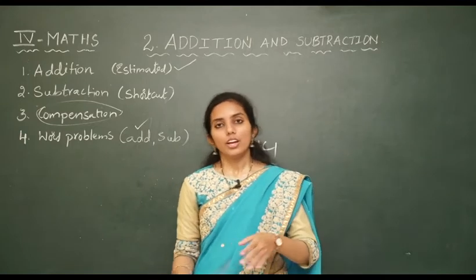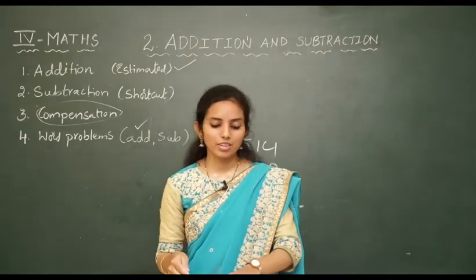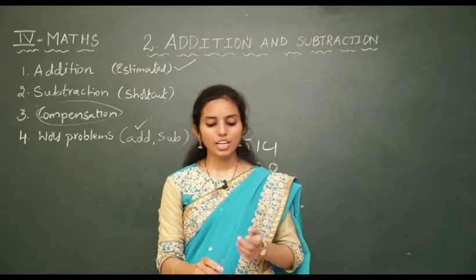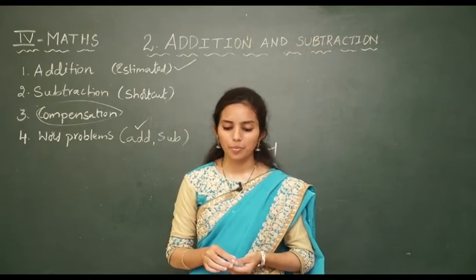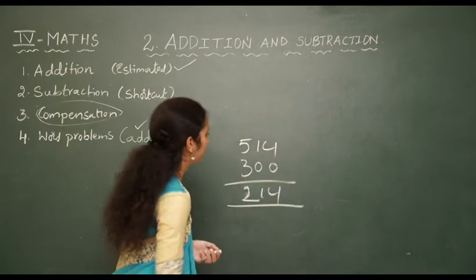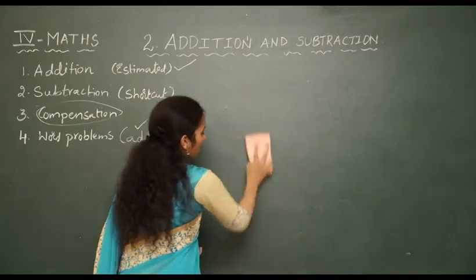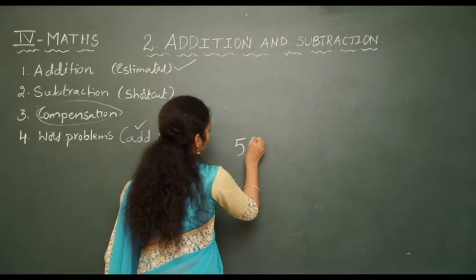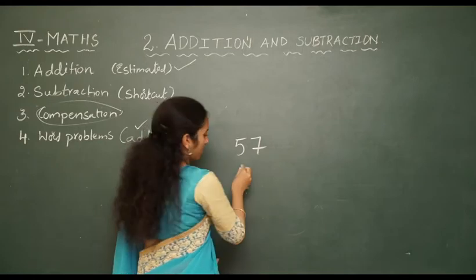In our exercises we are given problems for compensation. Add each of the following pairs of numbers by using compensation. So let us see an example. Add by using compensation. 57 plus 33.